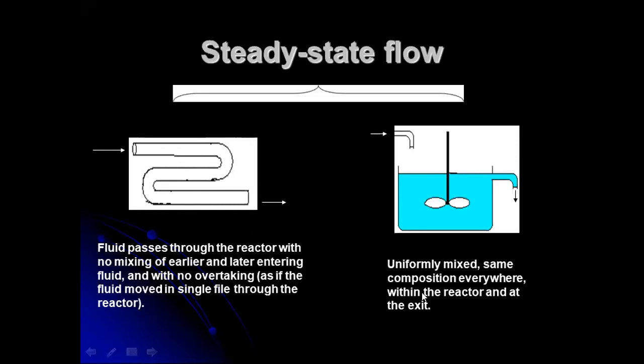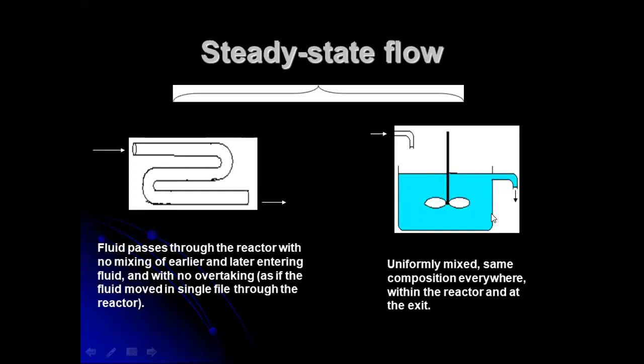In the case of the CSTR, or the back mix reactor, the concentration anywhere is kept uniform by the stirrer. So anywhere here, the concentration is uniform. It's uniformly mixed. However, the concentration of the reacting species as introduced into the reactor, and of the products and the remaining unreacted species as it leaves the reactor, of course, will not be the same.